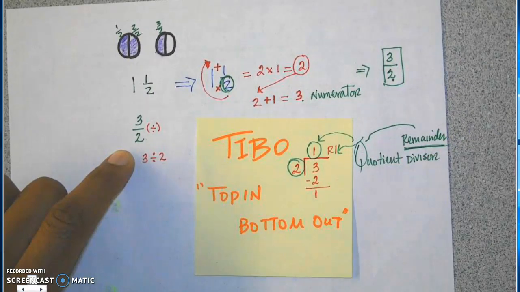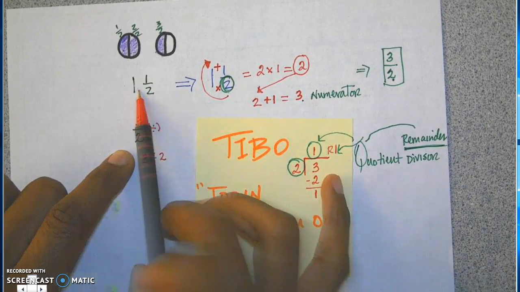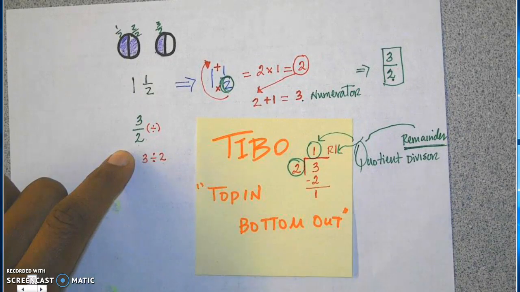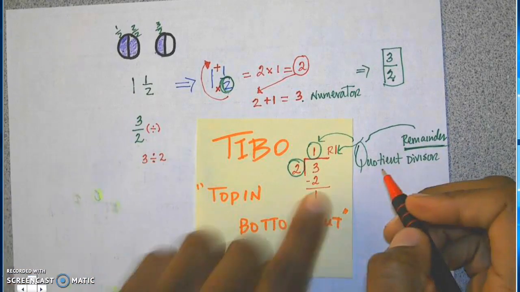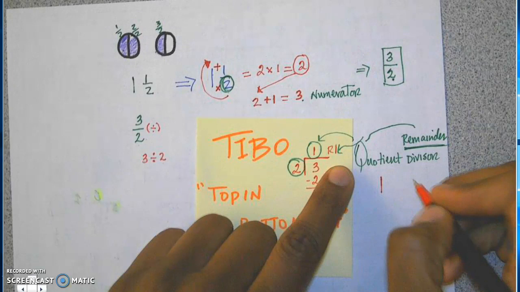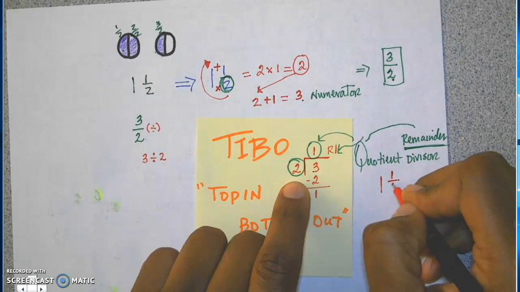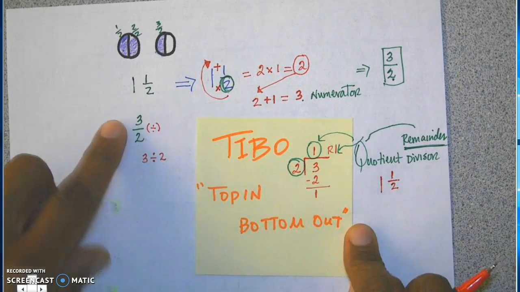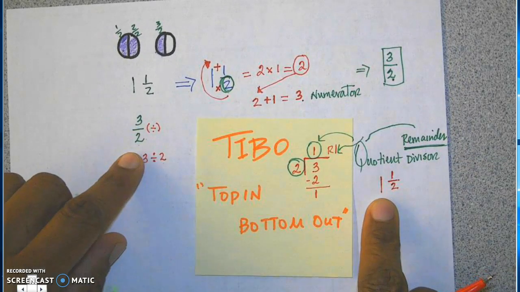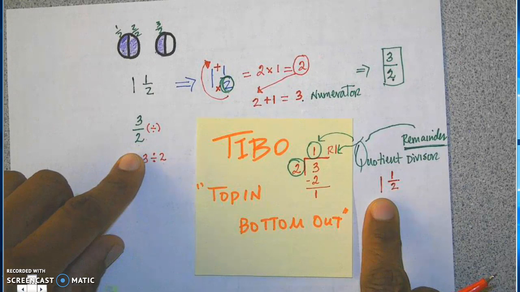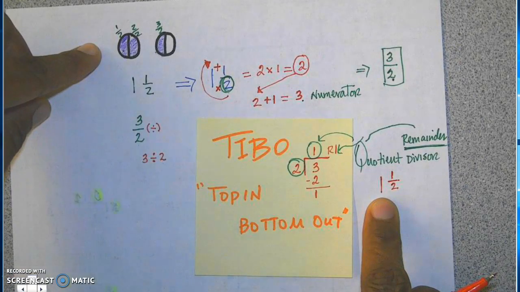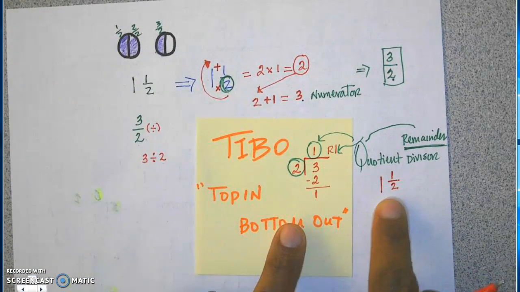For both of these, the denominator will stay the same. For mixed to improper and improper to mixed, same old denominator. My quotient is 1. My remainder is also 1. And my divisor or my original denominator was 2. 3 halves is equivalent to 1 and 1/2. This is the same thing we showed you with the model, and also the same with the algorithm.